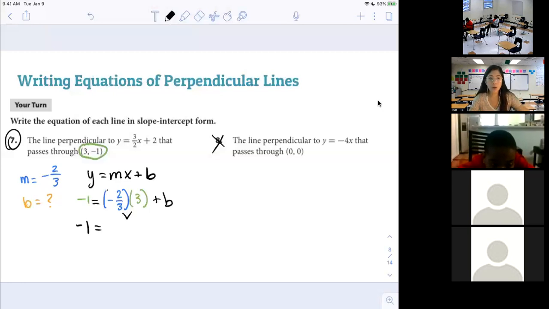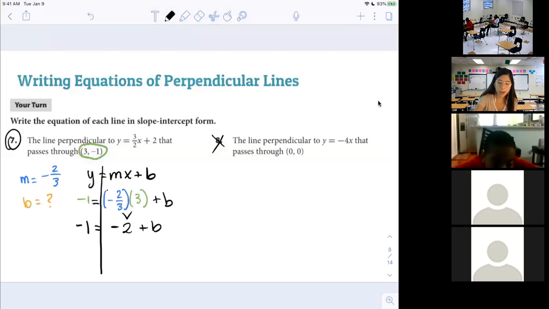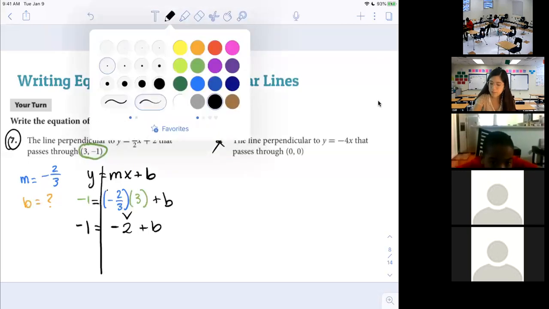Okay, so I see a couple of answers. Make sure we have that negative. Negative is important. So if I don't forget the negative, what do I get? -2. Good, Tyrone. All right. Now I don't subtract it from both sides.